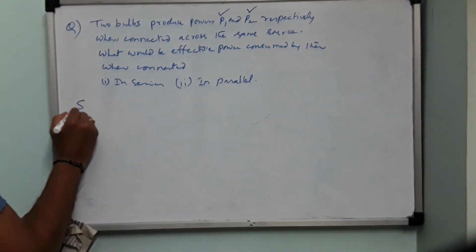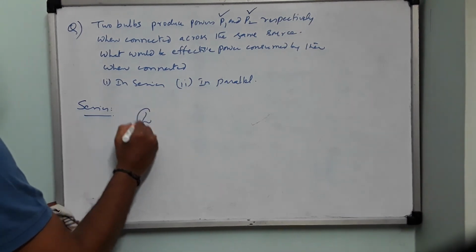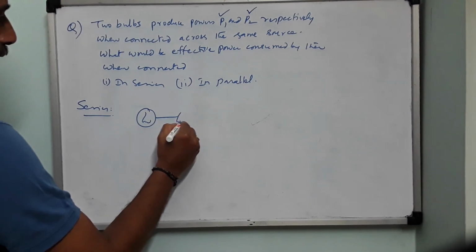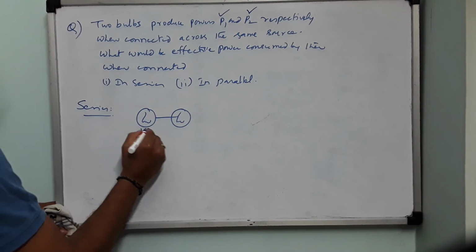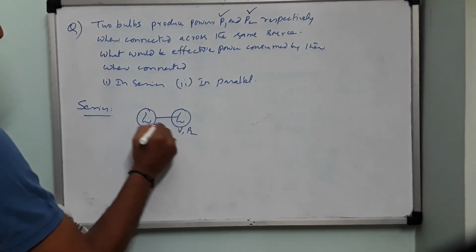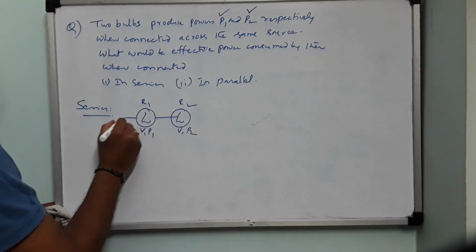So let us take series first. Here is a bulb and here is another bulb. This is V, this is V, this is P1, this is P2. This filament has a resistance R1, and this filament has resistance R2.